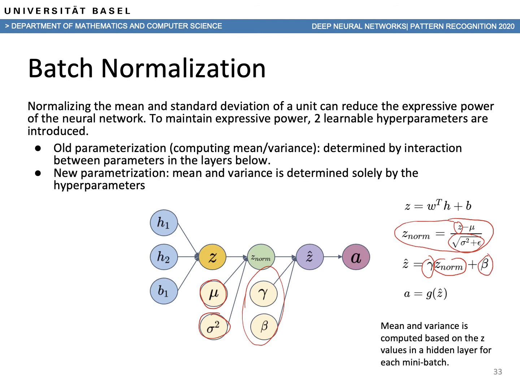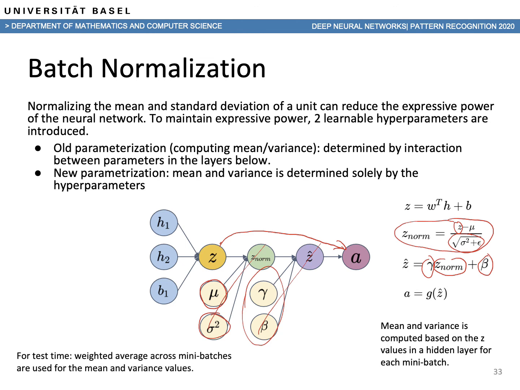So if we set mu equal to beta and the standard deviation equal to gamma, then we would be back to the state where C goes directly into the activation function, and we have just done a lot of computation for no need. But people have shown that learning these mean and variance values is a much better way to do the normalization between the layers in a network.